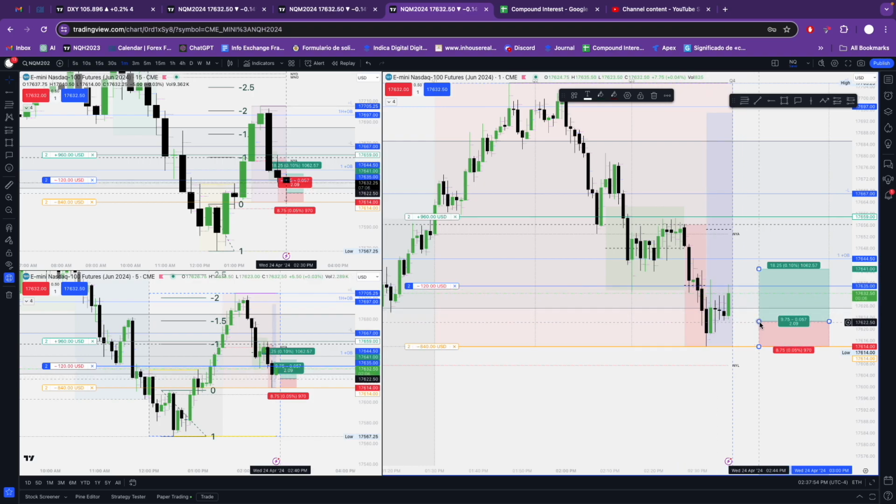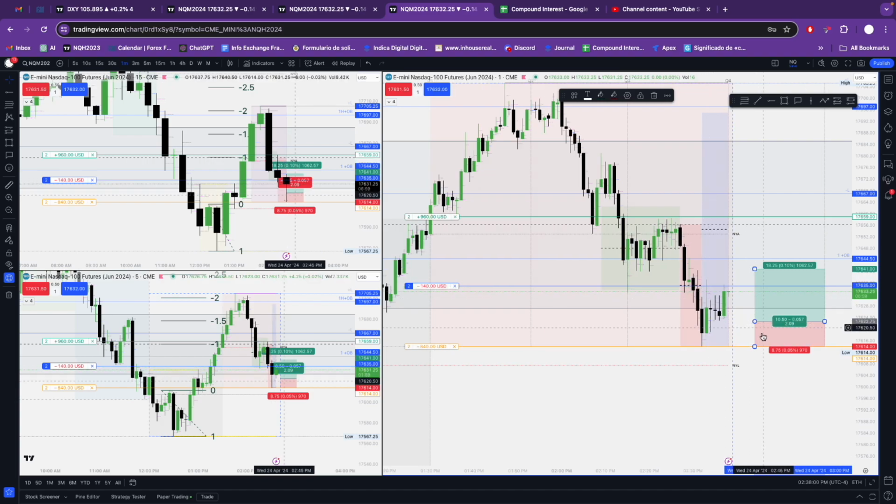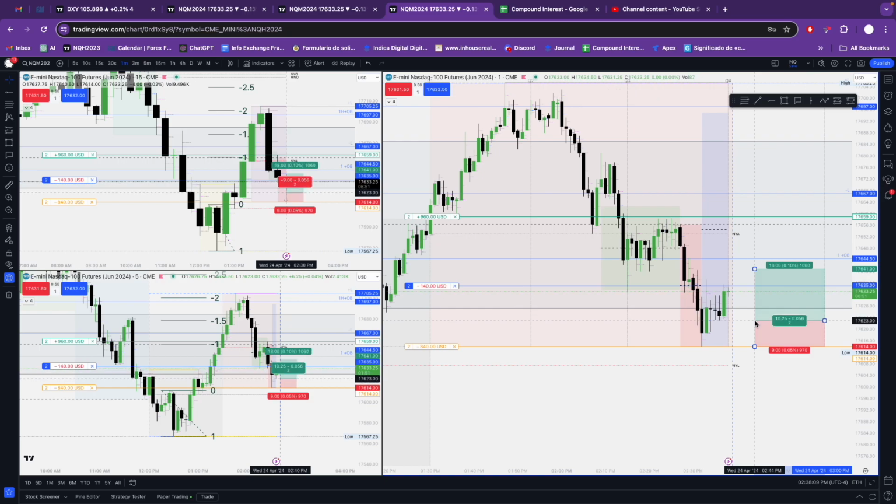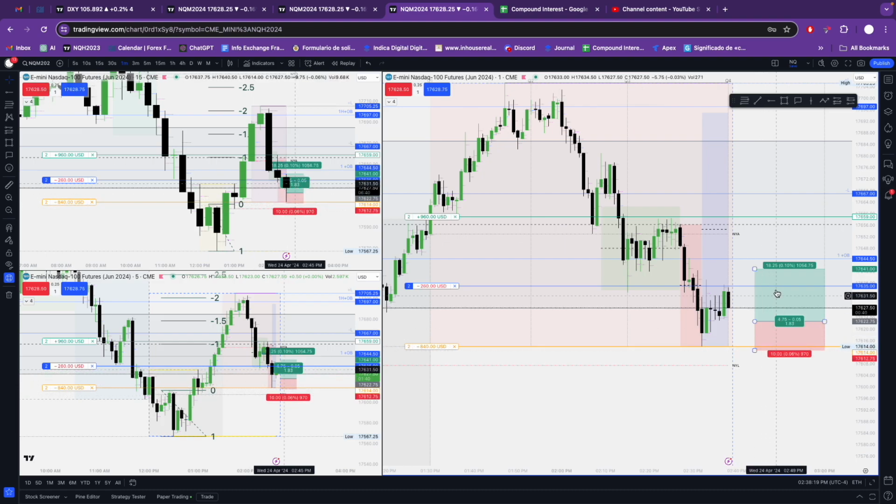Get out your handy dandy risk reward tool. Put it on mean threshold. Measure 10 points down, right? Or put your entry at mean threshold. Yep, measure 10 points down and let that be that.